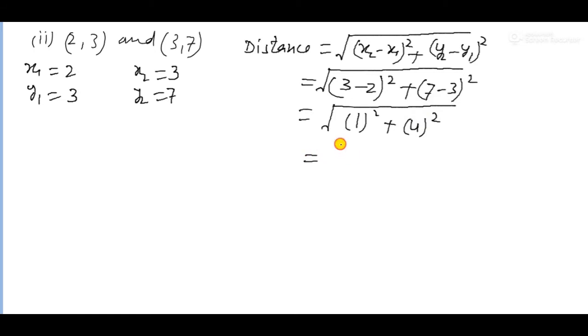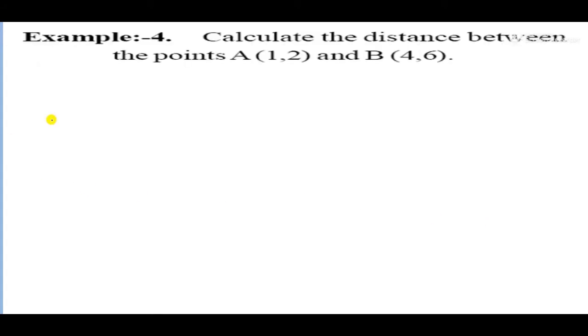Now take the square root: 3 minus 2 is 1, so 1 square, and here 7 minus 3 is 4, and it is whole square. So it becomes 1 square, that is 1. So that is your answer.